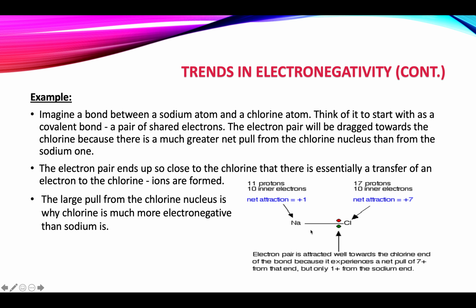The electron pair will be dragged towards the chlorine because there is much more net pull from the chlorine nucleus as compared to sodium. So chlorine will get a partial negative charge due to higher electronegativity, and sodium will have a partial positive charge due to less electronegativity. So alkali metals have less electronegativity.